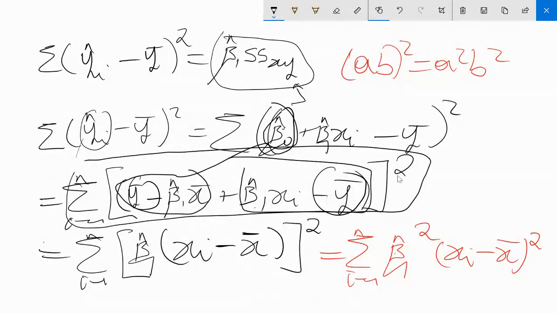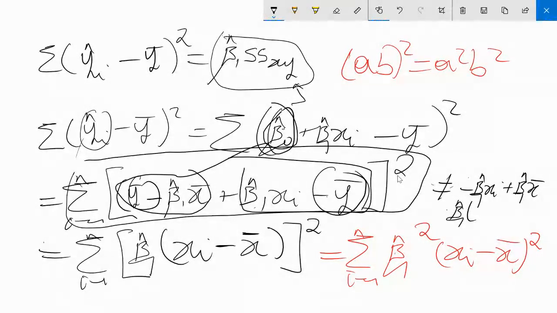Then we are left with minus beta 1 hat xi plus beta 1 hat x bar. And I can write this as beta 1 hat, starting from this side.